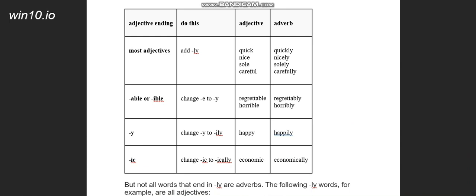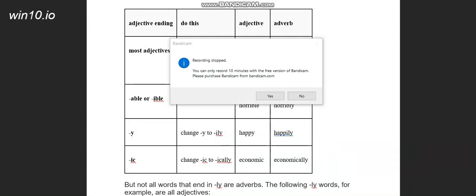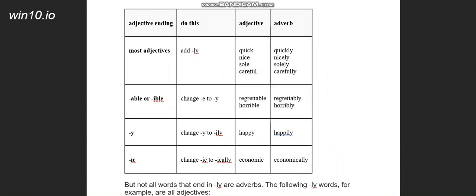But in the case of e, we need to change the ending of the adjective, like over here regrettable. I repeat, as regrettable is ending with e, we will drop the e and add y. Just like that, when we have adjectives which are ending with y, then we will add ily. Just like over here, happy is ending with y, so we will add ily.